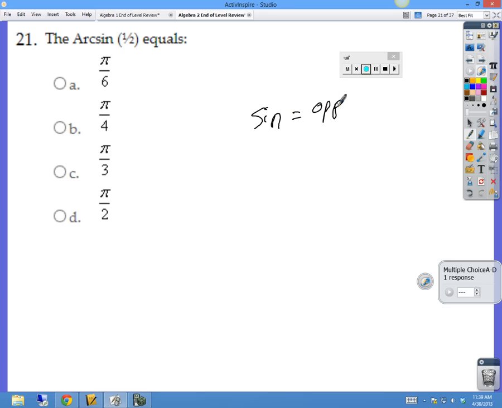It's opposite over hypotenuse. And if your sine really is 1/2, by now you should know 1/2 comes from, does it come from a 30-60-90 or a 45-45-90? No, it doesn't come from a 45-45-90. It comes from a 30-60-90. So you start drawing your own picture, 30-60-90.